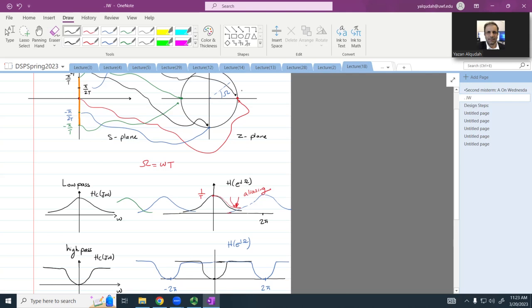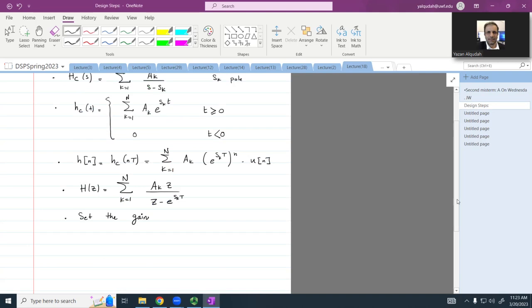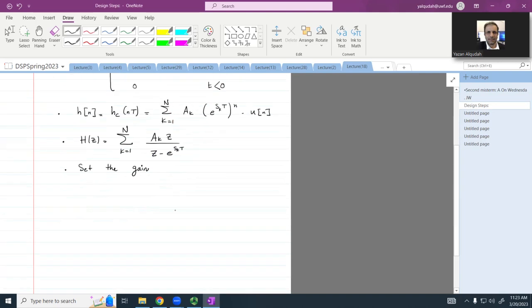If I have H of z, I'll substitute z equal to 1 and set that gain to whatever DC gain I want. Okay, so just a few notes, and then we'll do an example.